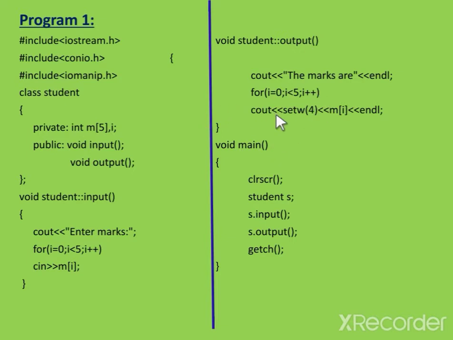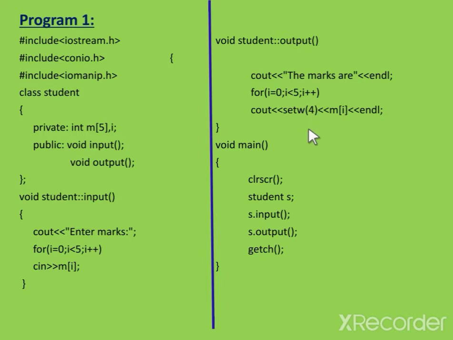Here see, setw of 4. Here setw, that is what? Manipulator. What do you mean by manipulator? These are types of operators that can be used with the insertion operator to manipulate or format the output. So setw sets the width for the field.